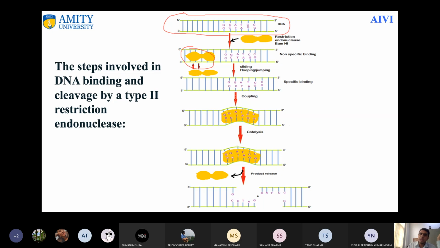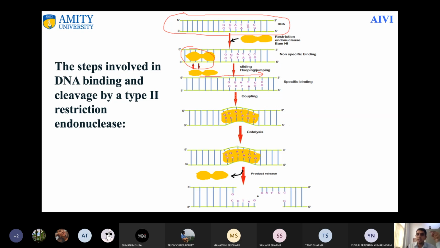So it glides over, moves over, and scans your DNA. While scanning, it searches whether the sequence of interest is there or not. If your restriction endonuclease doesn't find the sequence of interest, then it will go off. But when it finds its specific sequence, then it invades within it.